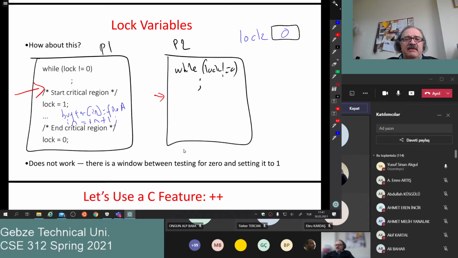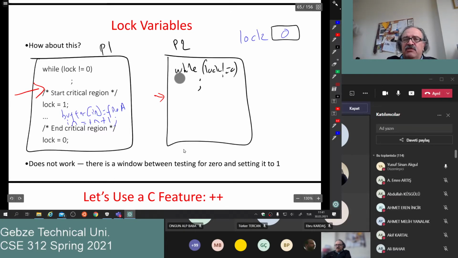After the interrupt is handled, the scheduler might give the CPU to P2, and P2 will run into this while loop, and it will see that lock is 0 because I didn't yet have the chance to make it 1. So this one will enter the critical region. So both of them will be in their critical region.